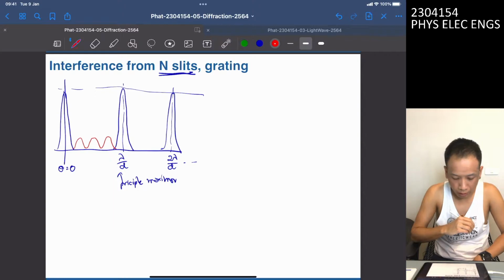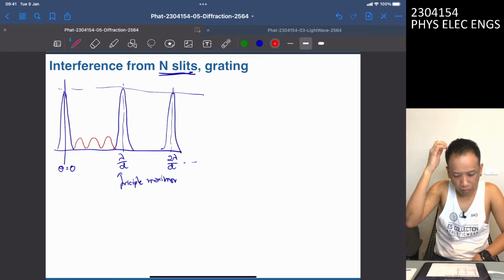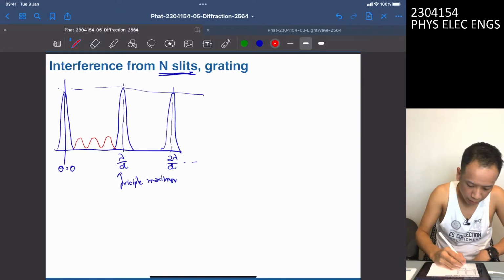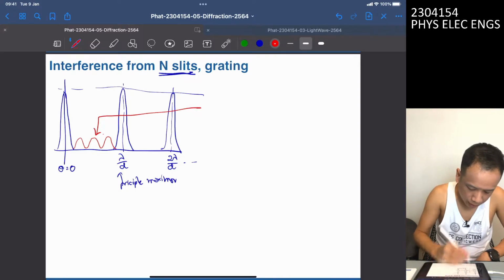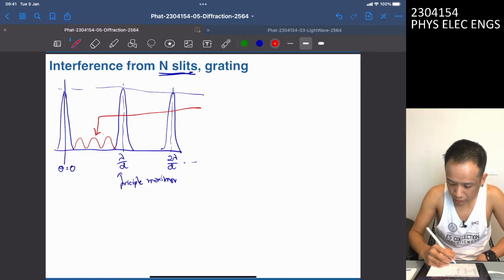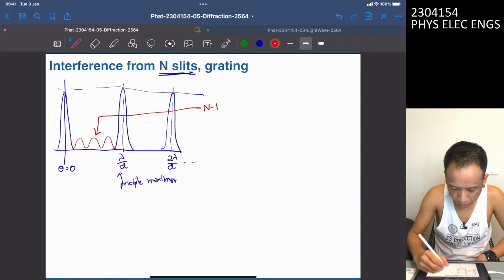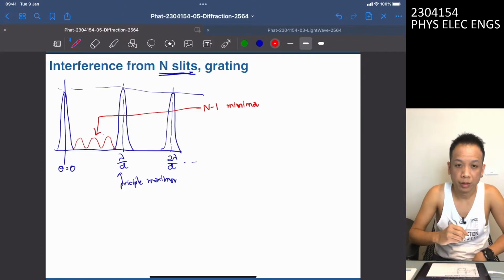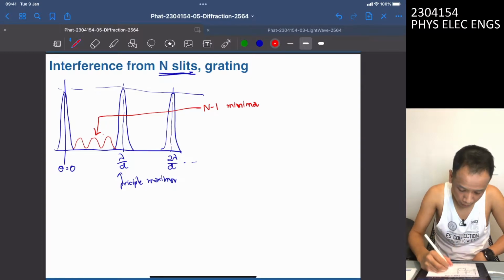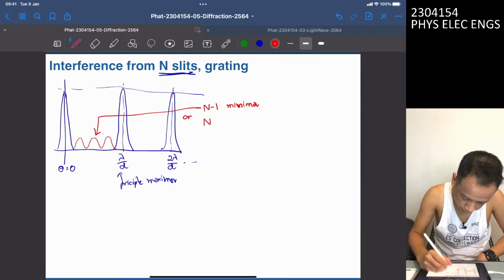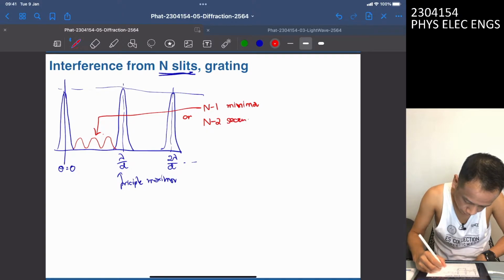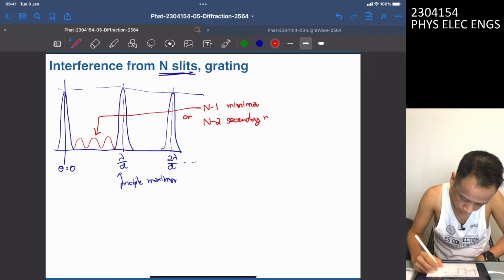So how many of them are you going to get? In this case you're going to get n minus 1 minima, or you can say n minus 2 secondary maxima.